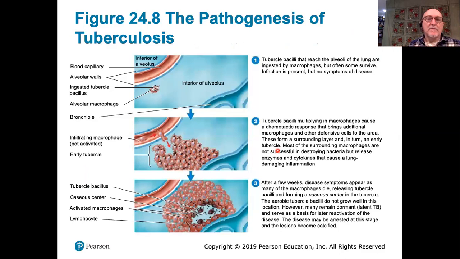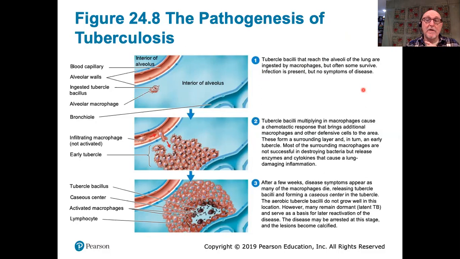This is how it works. If you inhale the bacterium, it is very quickly recognized by macrophages in the lungs, and it's swallowed by the macrophages. But unfortunately, the bacteria survive ingestion, and they begin to reproduce inside the macrophage. What happens when the macrophage phagocytoses a pathogen is it releases hormones to inform the rest of the immune system that something has been spotted.